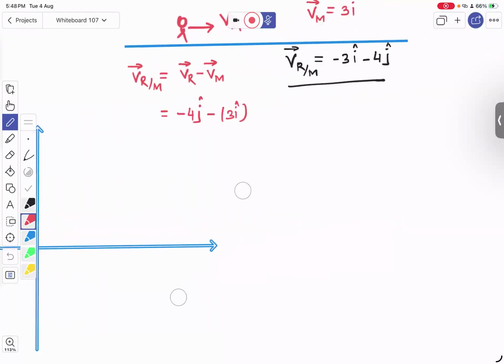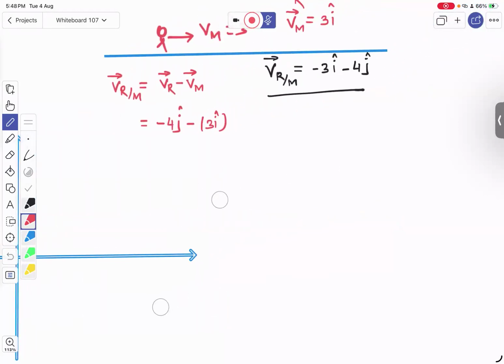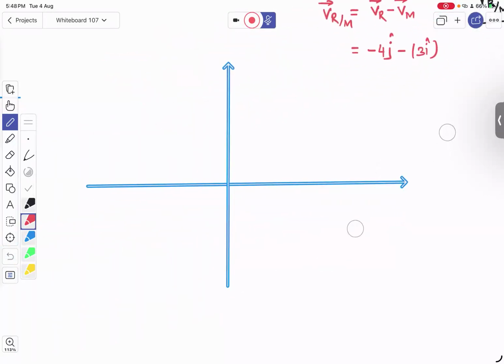Not minus 4 comma. The x component is minus 3 and the y component is minus 4. So where will the point minus 3 comma minus 4 be? Maybe I consider this the point whose coordinates are minus 3 comma minus 4.